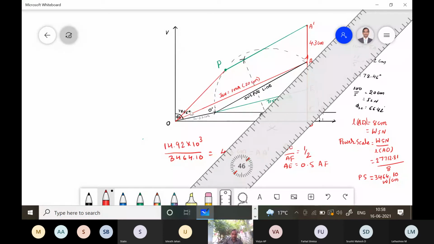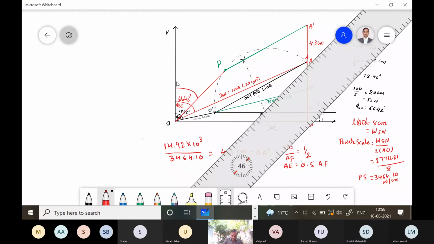This is 78.46 and the second angle is 66.43, that is called phi SC. And measure the OP angle from the y axis. So how much did you get?